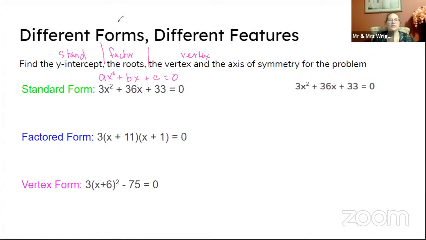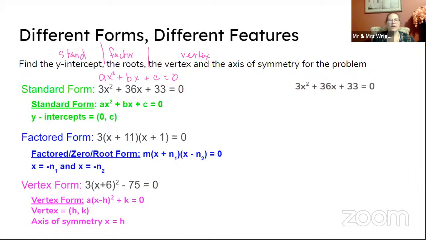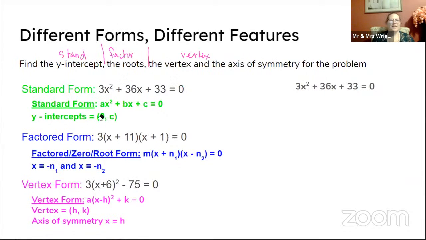So we can easily see where we're going to find all of these. It tells us right here, standard form. Our y-intercept is (0, c). So in this case, what's c? It's 33. So our y-intercept is (0, 33).